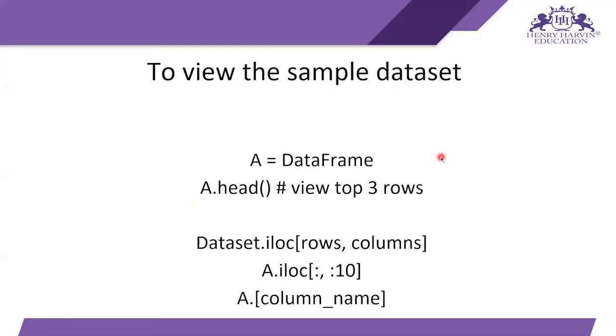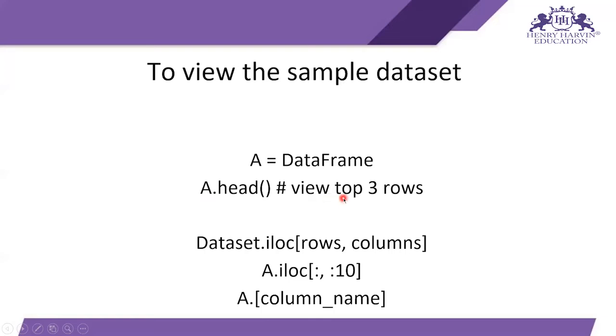Next comes viewing the dataset as a sample. If I load the dataset here, in A I have a data frame. As I told you, there is no difference between a data frame and a dataset except the extra column in the data frame. If I want to see that data frame, I can just type the variable name of that data frame dot head and parentheses.